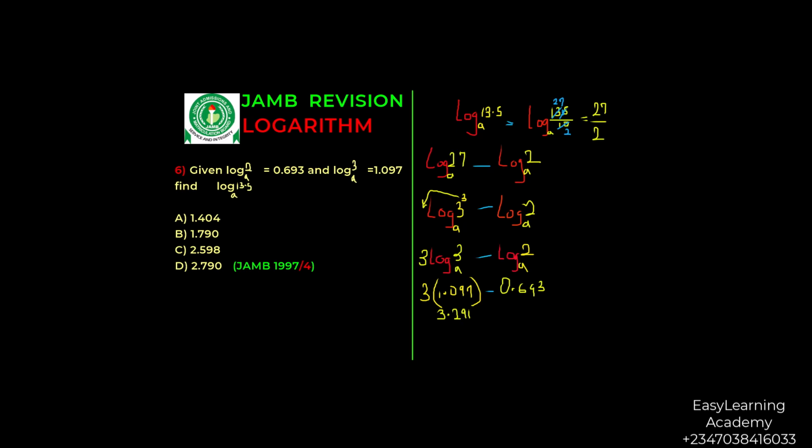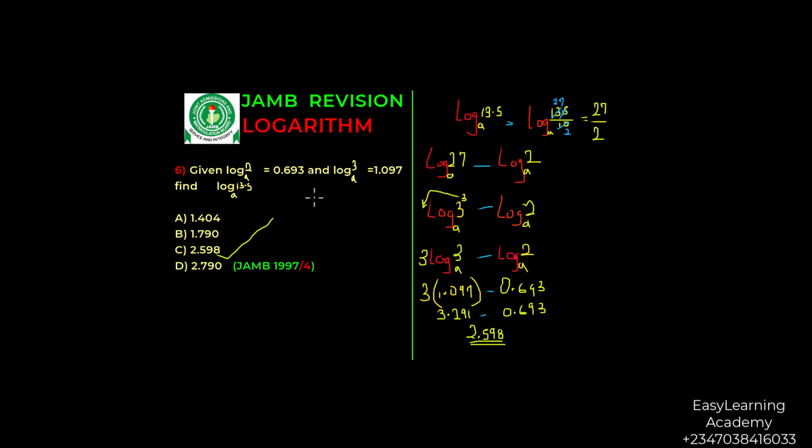We are going to subtract 0.693 from this, and subtracting that, we're going to have our answer: 2.598. Let's check our options. Option C is the correct option, so that's correct.